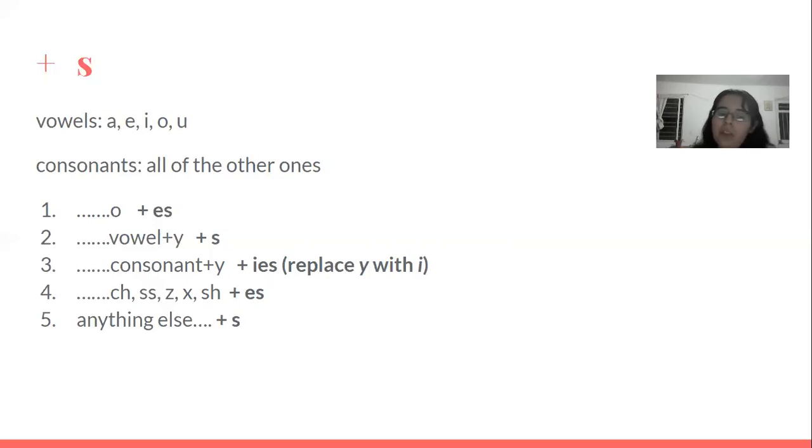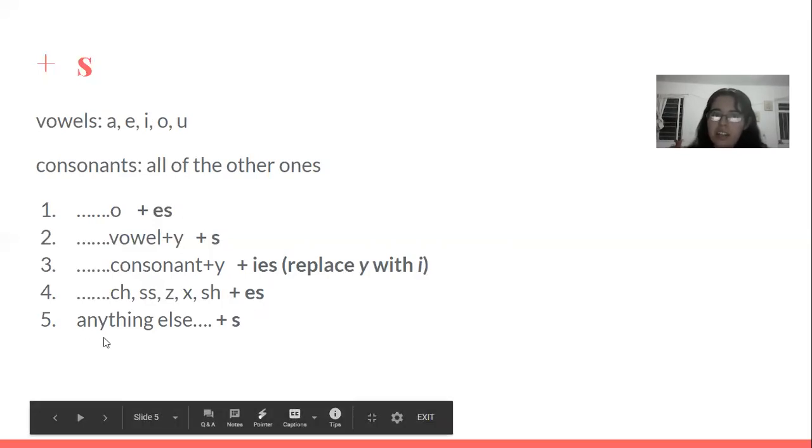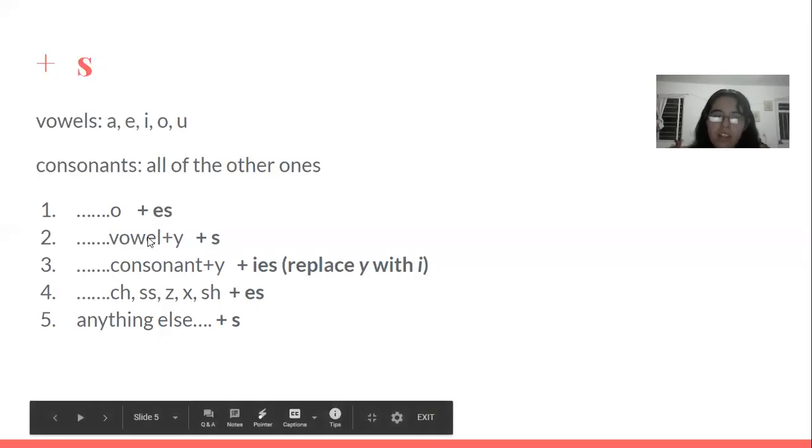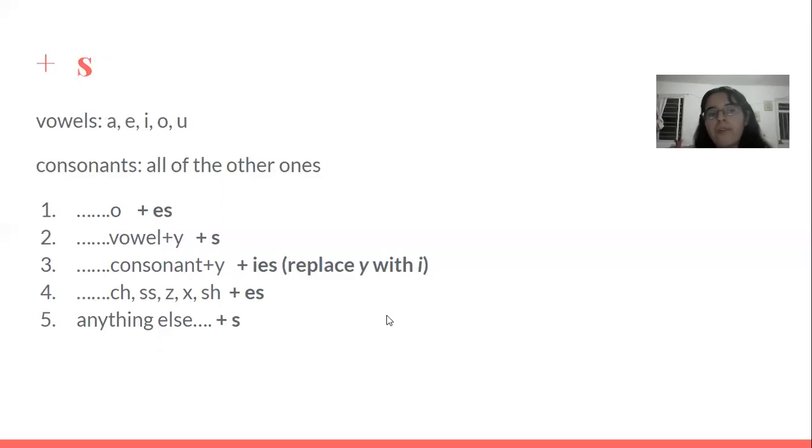And when the verbs end in CH, SS, Z, X, SH, we add ES. And if the verb is anything else that doesn't fit into these 4 rules, then we just add the S. For, like we said, he, she, it. Only add the S for those 3 pronouns.